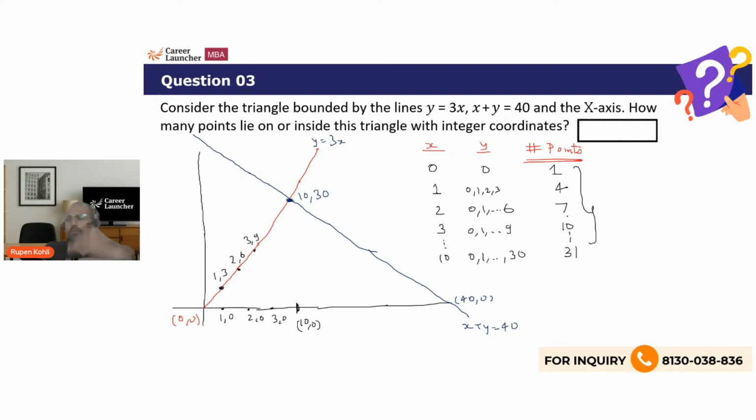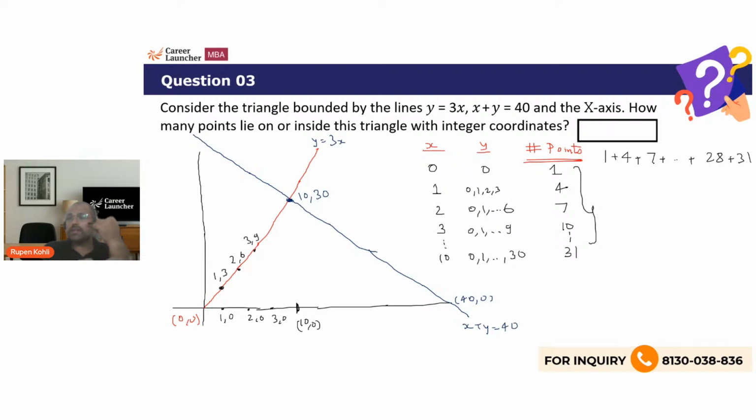So we can add this sequence. This is one group of points. After we cross x equals 10, there's a different pattern because a different line comes across. Let's first add this and then we'll see what happens from 11 and onwards. The number of points in total in the first phase is 1, 4, 7, 10 all the way up to 28, 31.